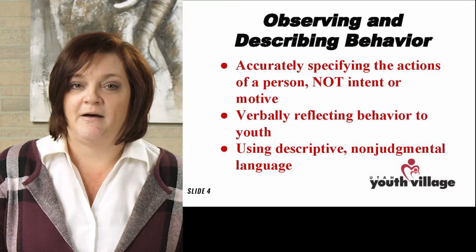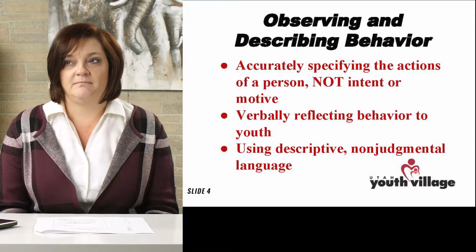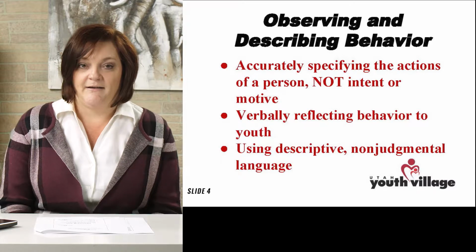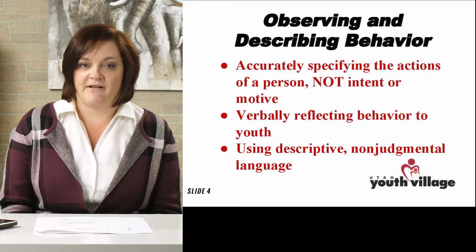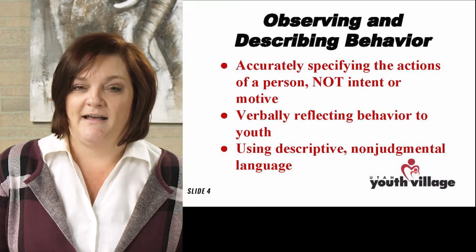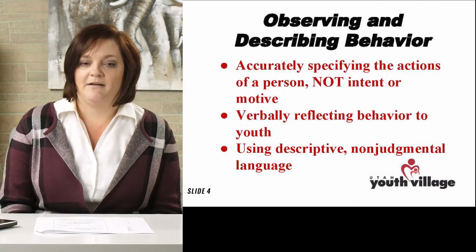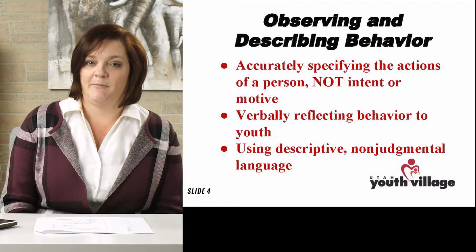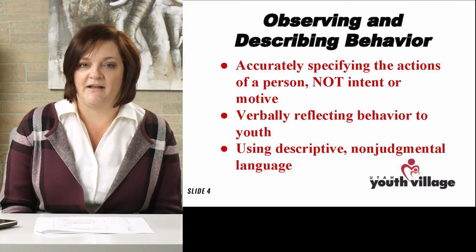I don't know how many of us have ever lost our temper or said something thoughtlessly, but often what happens is that we're not taking the perspective of the other person. We're kind of in our own head and in our own skin, and having somebody verbally reflect back what we're doing can be really helpful in helping us to control any negative emotions or negative behaviors that we might be engaging in.